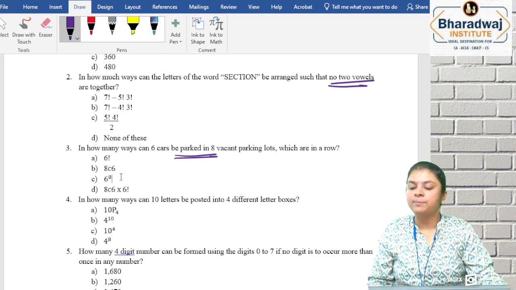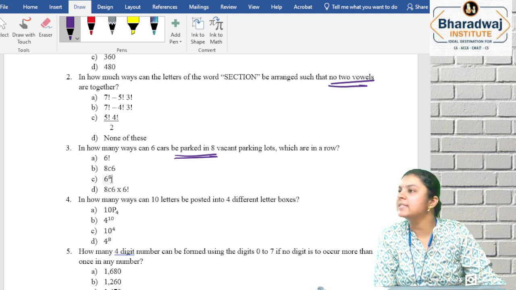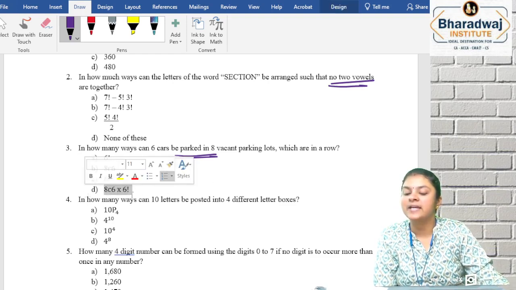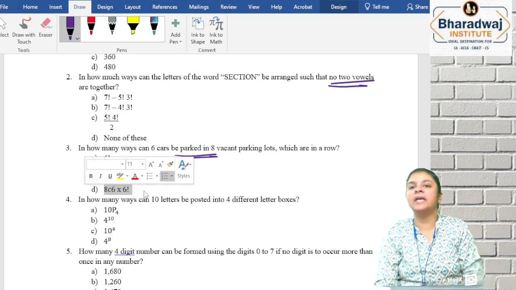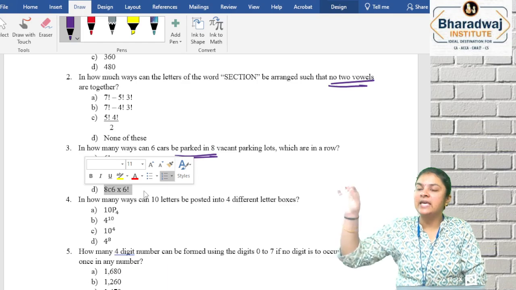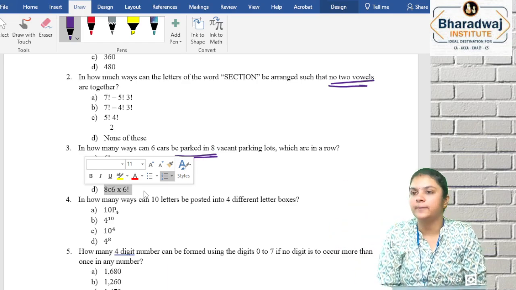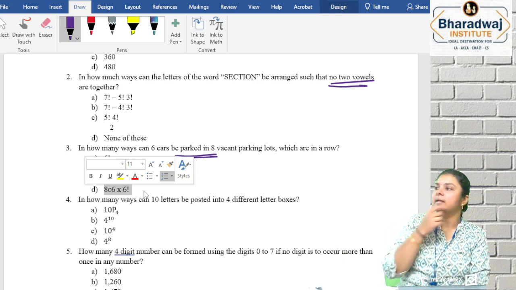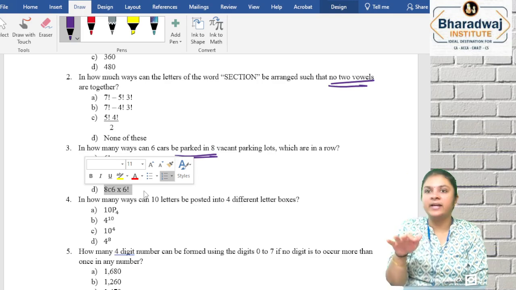So 8P6, if you do not have the answer directly here, which is the option suitable here? 8C6 into 6 factorial, because nPr is equal to nCr into r factorial. We saw the formula, correct? nCr is equal to nPr divided by r factorial.